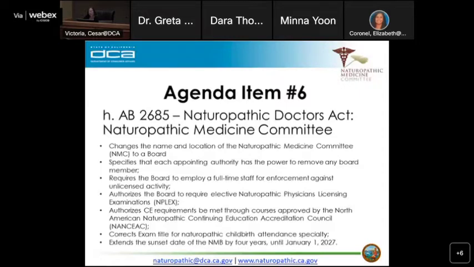It would also authorize CE requirements that can be met through courses approved by the North American Naturopathic Continuing Education Accreditation Council, or NANCEAC. It will also correct exam titles for the naturopathic childbirth attendant specialty and extend the sunset date of the Naturopathic Medicine Committee for another 4 years until January 1st, 2027.